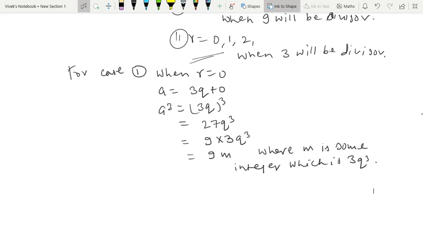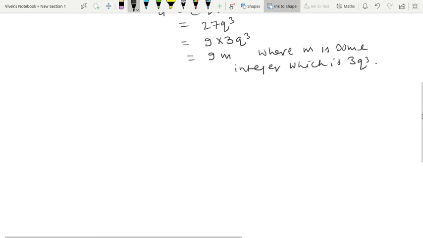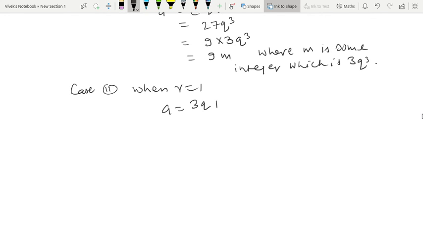For case 2, when remainder equals 1, we have a equals 3q plus 1. Again on cubing both sides, we have 3q plus 1 the whole cube, and expand this expression by using the a plus b the whole cube identity, right?